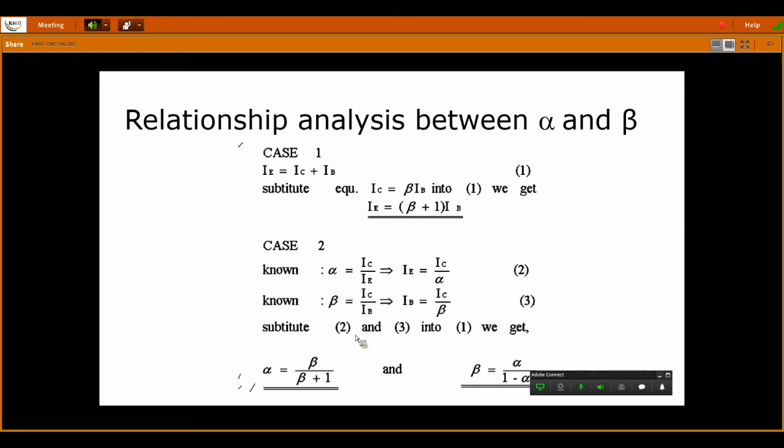IE is equal to IC divided by alpha, which is equal to beta plus 1 times IB, and IB is equal to IC divided by beta. As IC gets cancelled, our alpha is equal to beta divided by 1 plus beta.